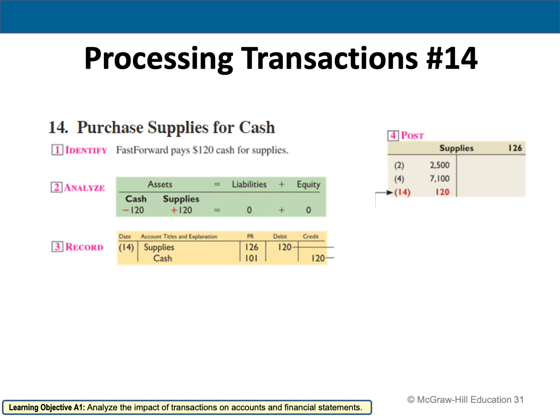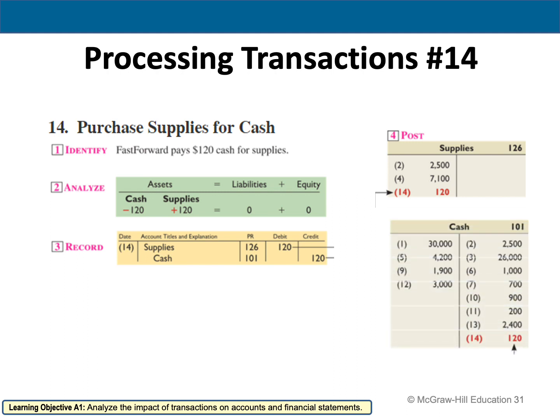Why on the debit side? Because we purchase supply, and if we purchase supply, it means that it will increase on the debit side. Again, for the cash, I have to draw and post the 120 on the credit side. Why on the credit side? Because we just purchased, which means that we pay some cash.